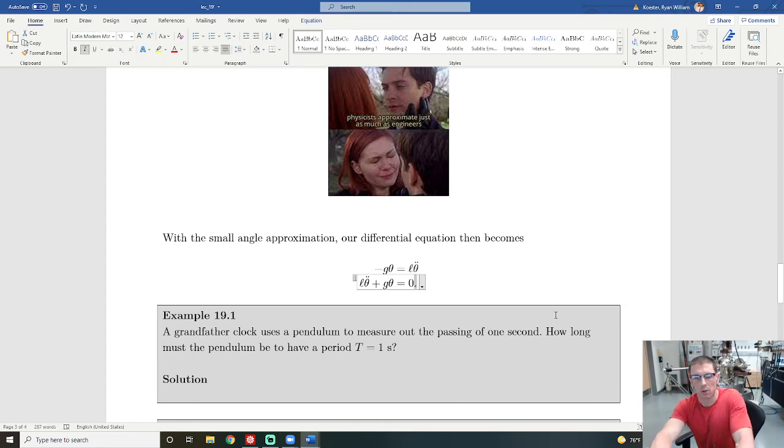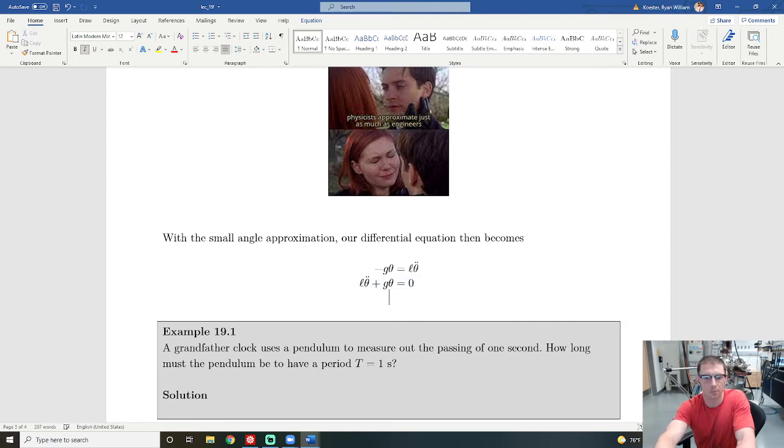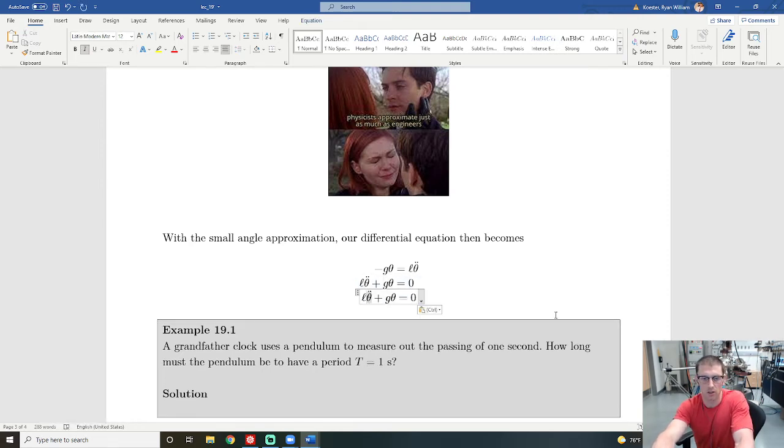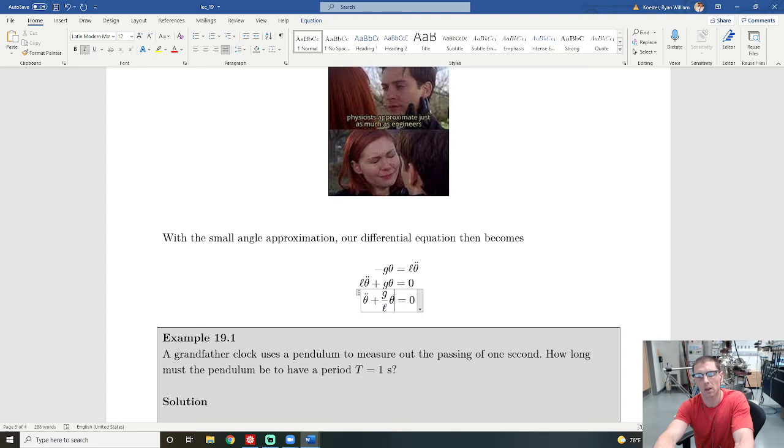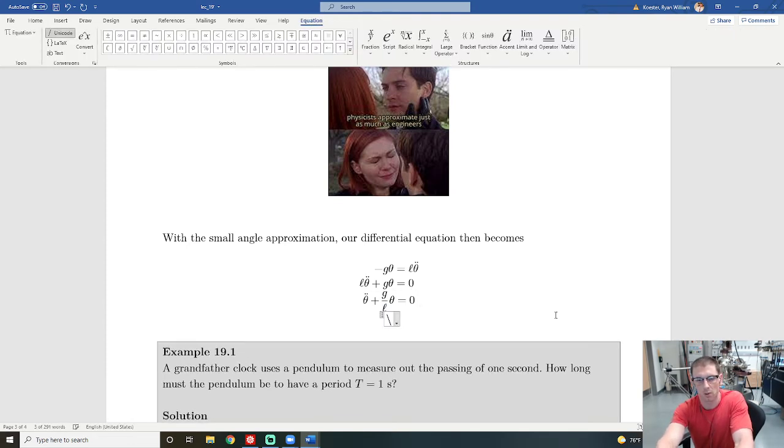So what we want to do is put this in the standard form before we move on, and all we're going to do is divide everything by L. And then we're going to write this as omega squared theta equals 0 one more time.